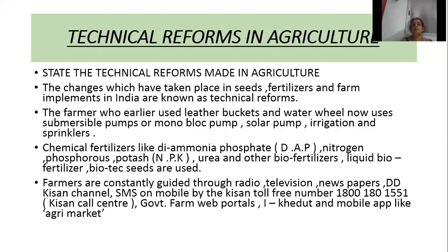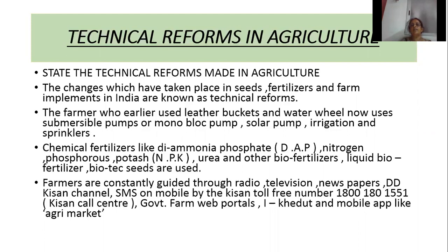Earlier, in order to irrigate agriculture land, farmers were drawing water from the wells by using leather buckets, water wheel, etc. Now they are using submersible pumps, monoblock pump, solar pump, irrigation sprinklers, etc. So earlier what were the farmers using for irrigating the land?